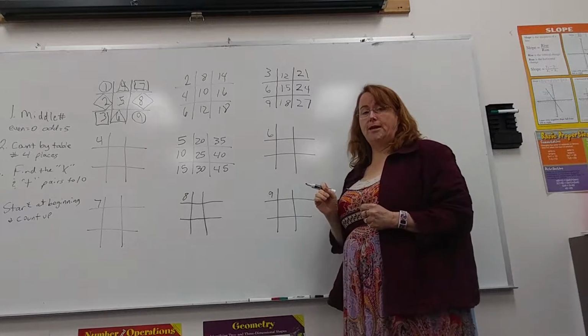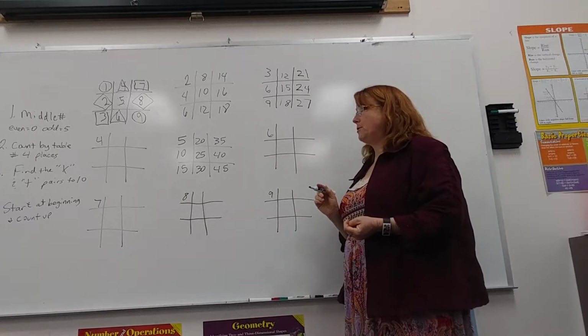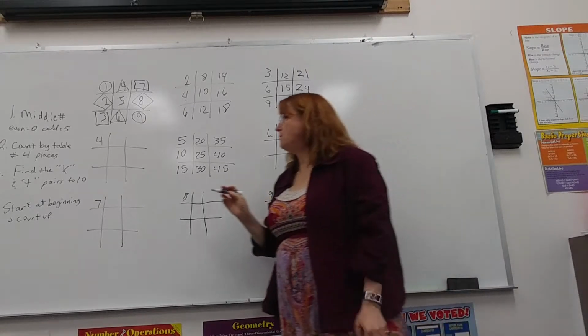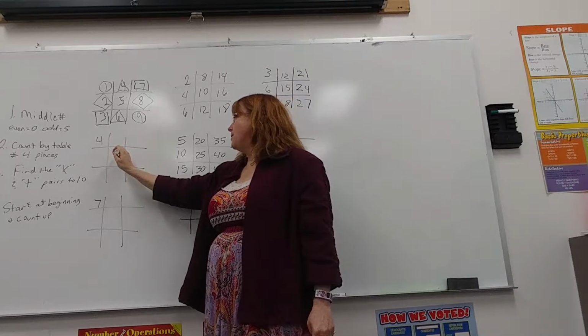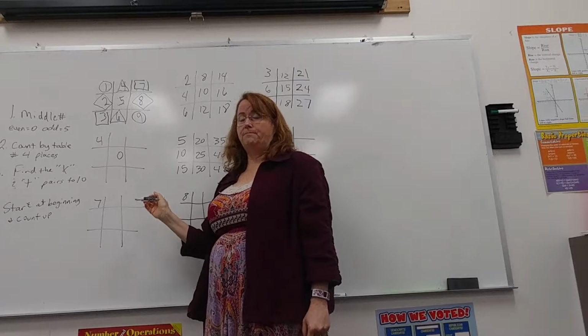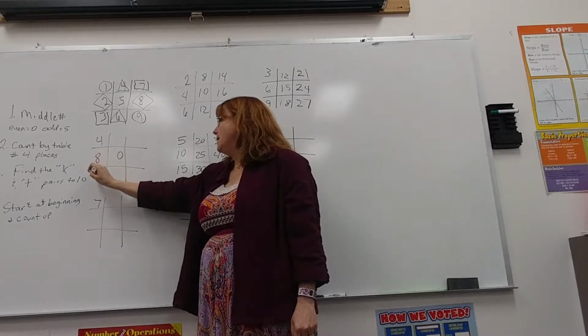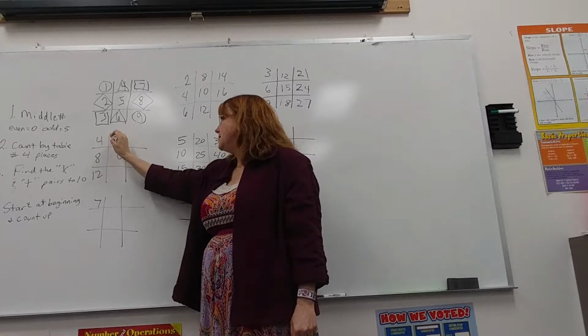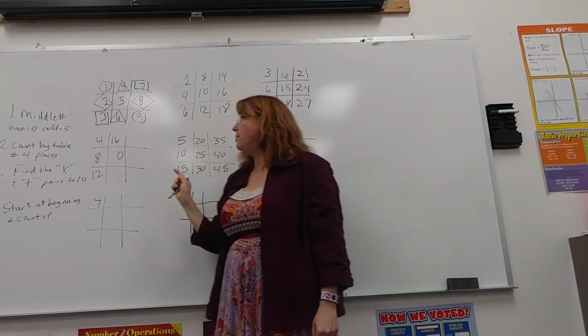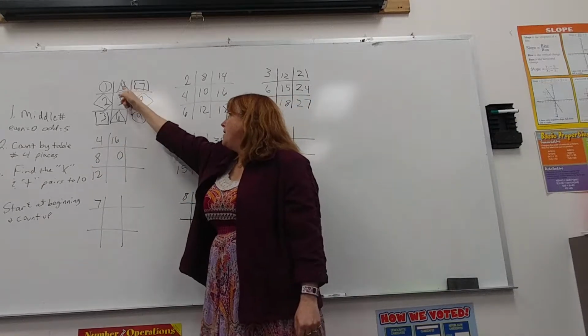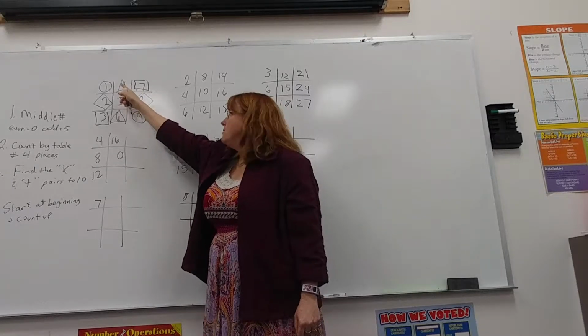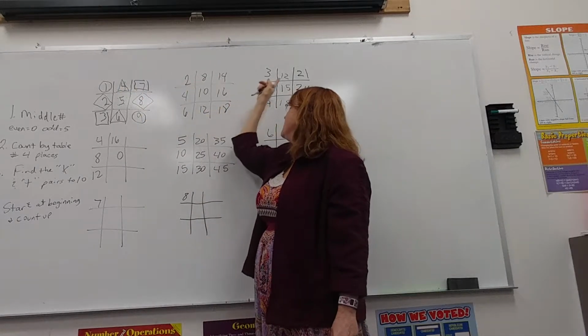This is how you do all the tables. So we're going to do table 4. Middle number is going to be 0 because it is even. We're going to count by 4s: 4, 8, 12, 16. If you need a little bit of help, the 4th spot is always in the top middle. 4, 8, 12.